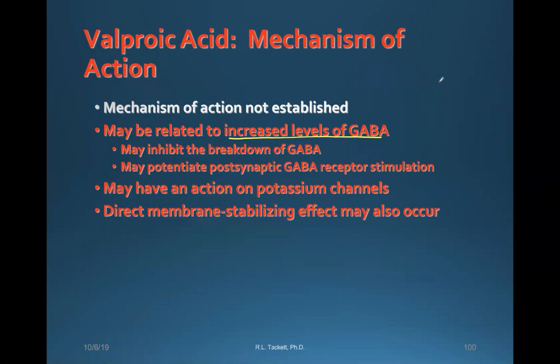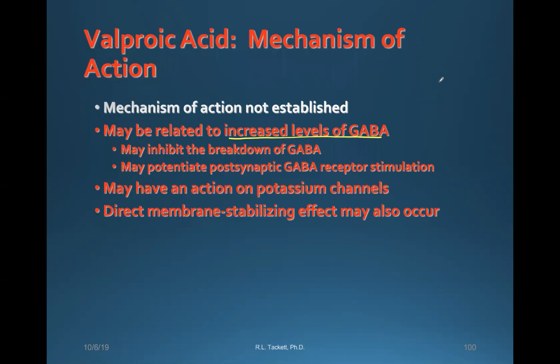There is also an action on potassium channels, and when we affect the potassium channels, that can affect the sensitivity or electrical activity of the cell, so that could fit in there too. And as an anticonvulsant, and this could possibly work with regard to mood stabilization, it seems to have a membrane-stabilizing effect, so it makes it more difficult for the neurons to discharge.